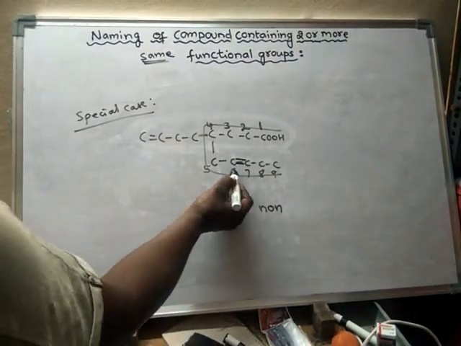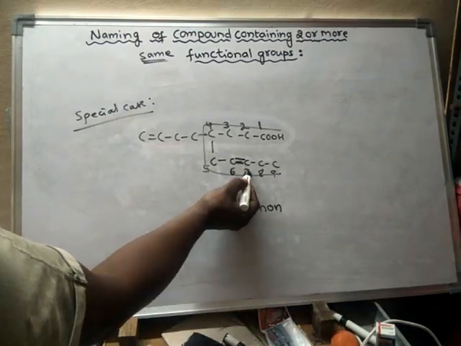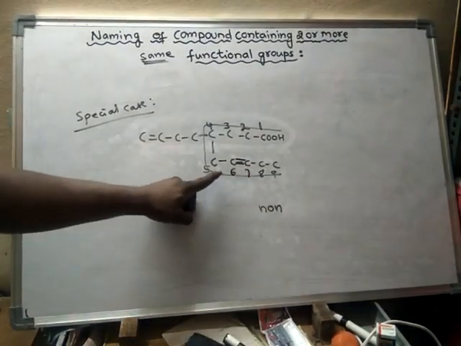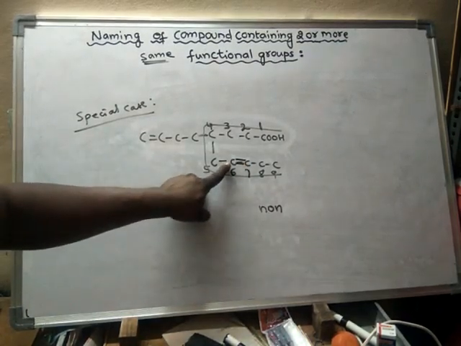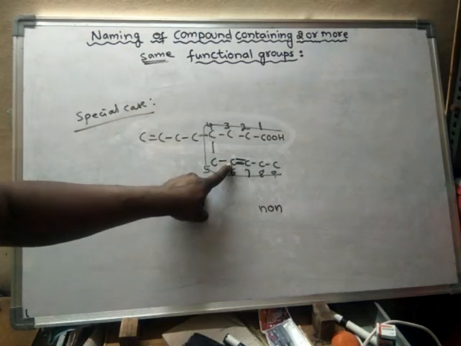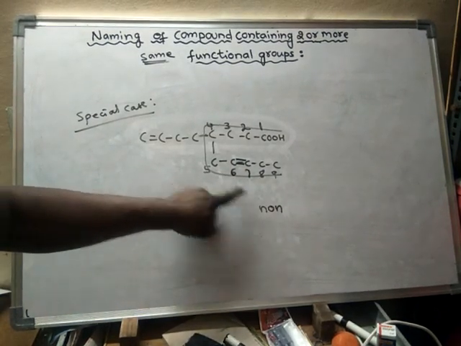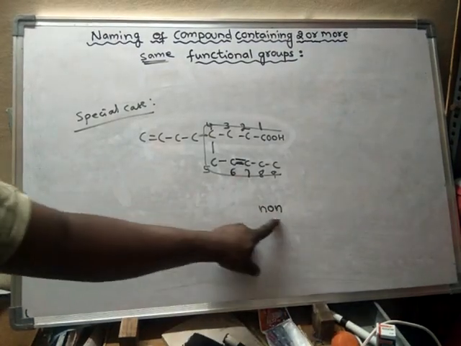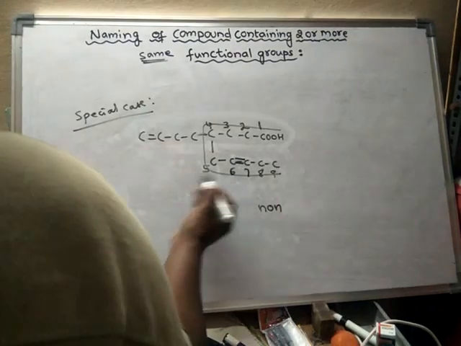En is present on the 6th carbon. When a double bond is between 2 carbons, we have to mention the carbon with the least locant only.